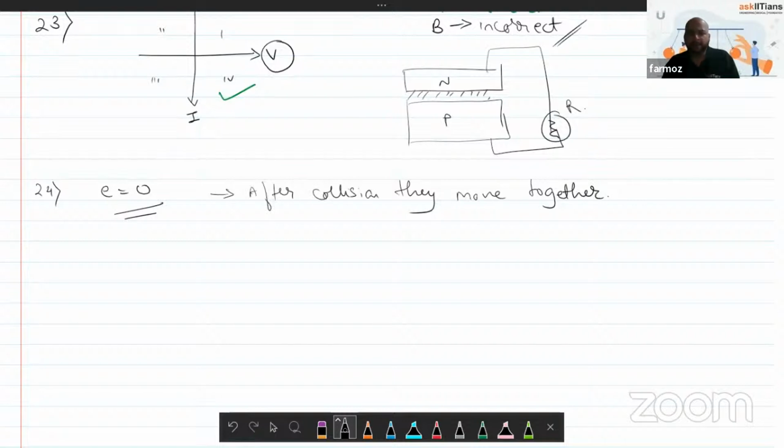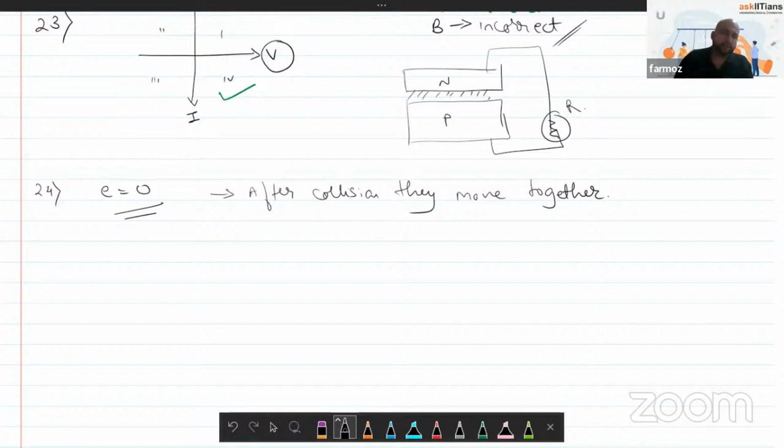The body A moves with a velocity of v1 while the body B is at rest before collision. The velocity of the system after collision is v2. The ratio between v1 upon v2 is 2 by 1.